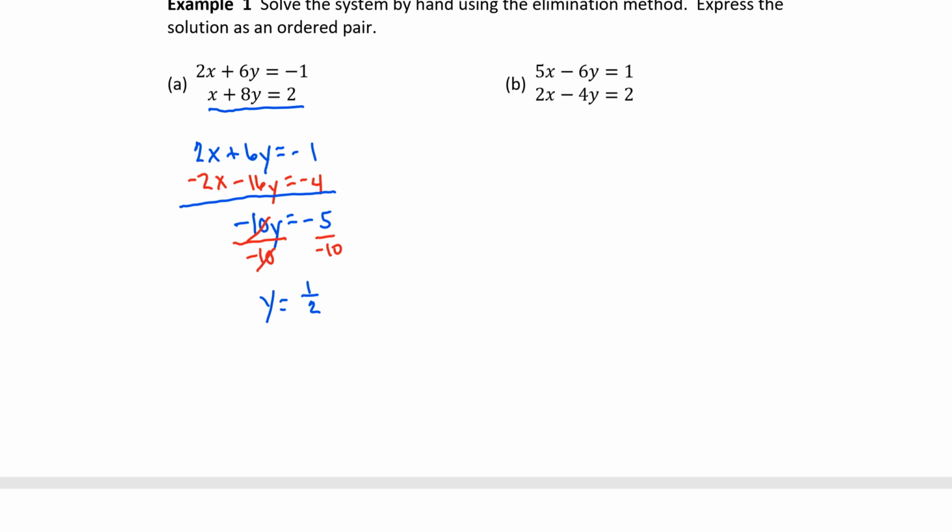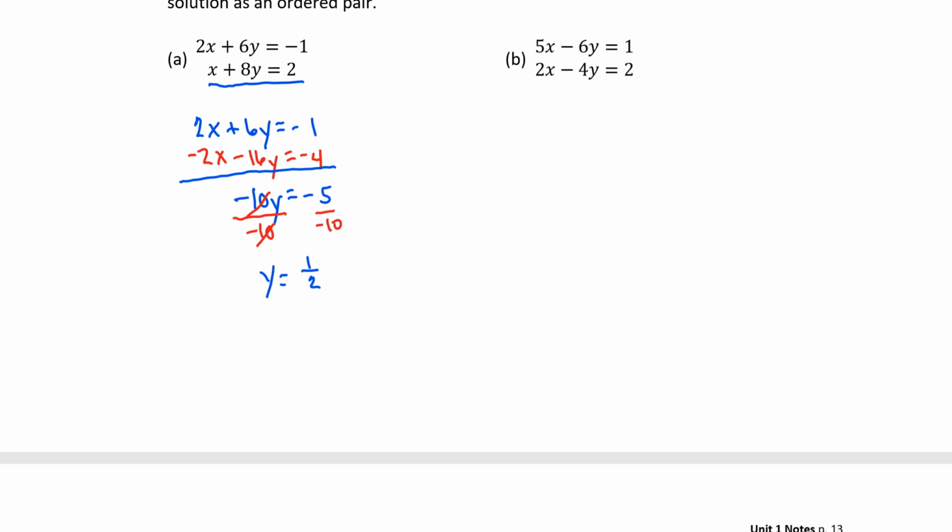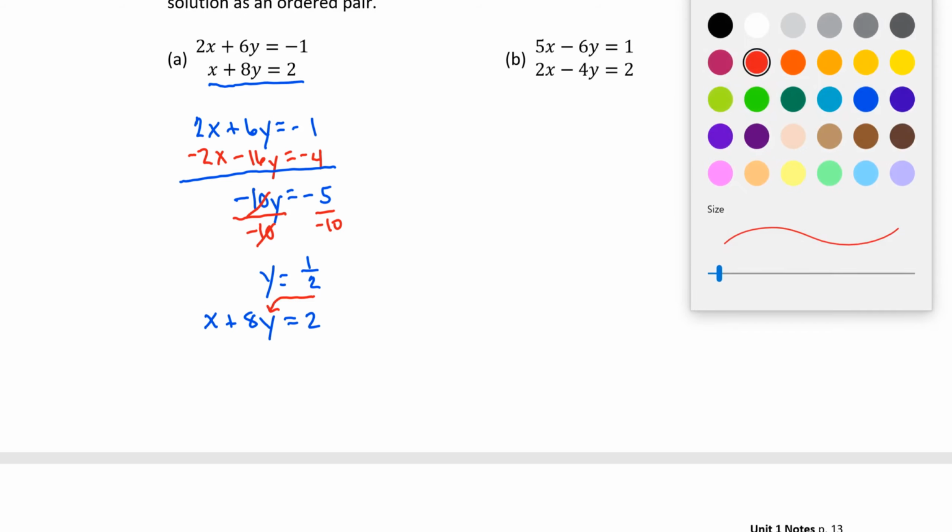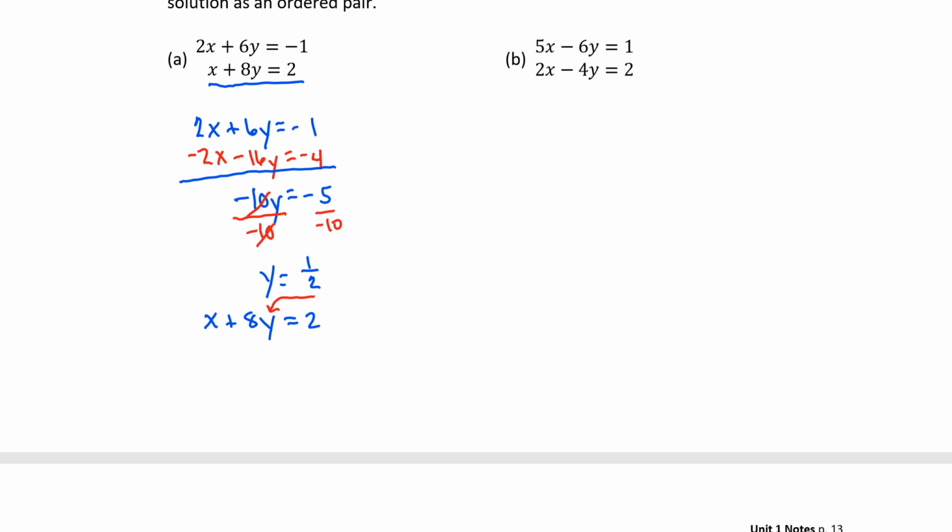So I'm going to use equation number 2. So equation number 2 was x plus 8y equals 2. I'm going to take the value that we found for y and plug it in right there in this equation. And remember, if you use either equation, you should end up with the same answer from either one.